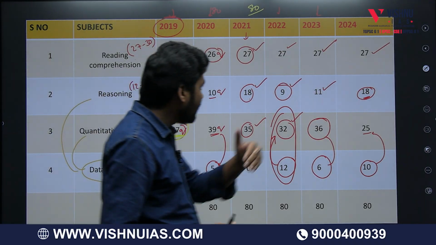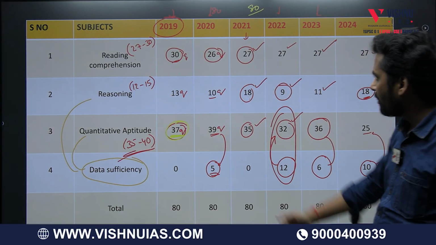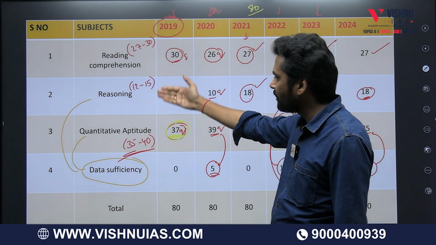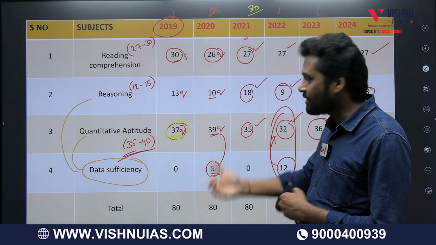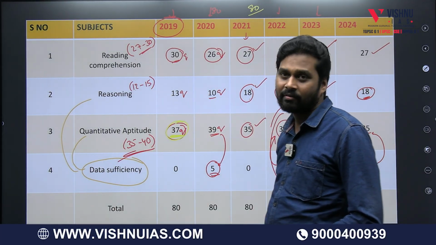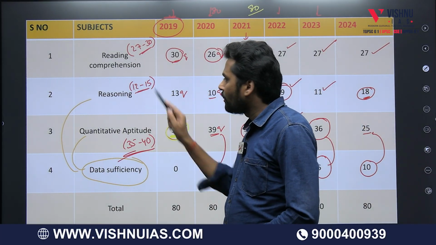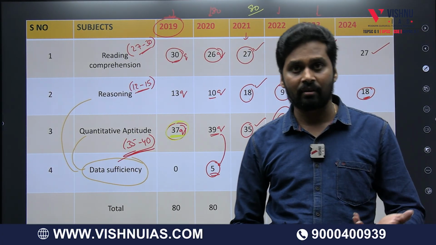And we can expect that even in 2025, a similar pattern was given. Reading comprehension, reasoning and quantitative aptitude had the same number of questions. So for the next years also, you can expect the same: from reading comprehension 27 to 30, reasoning 12 to 15 questions, and quantitative aptitude 35 to 40 questions.